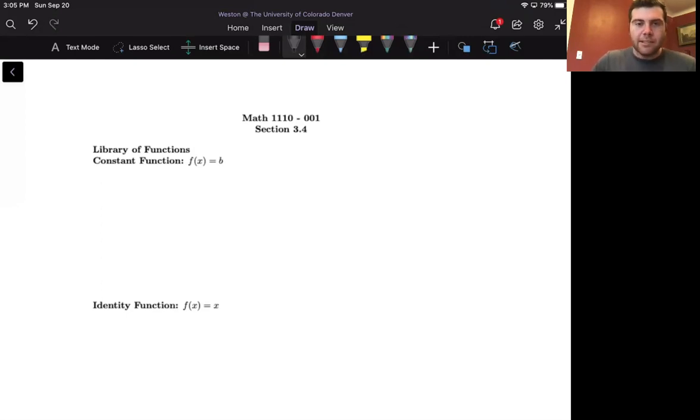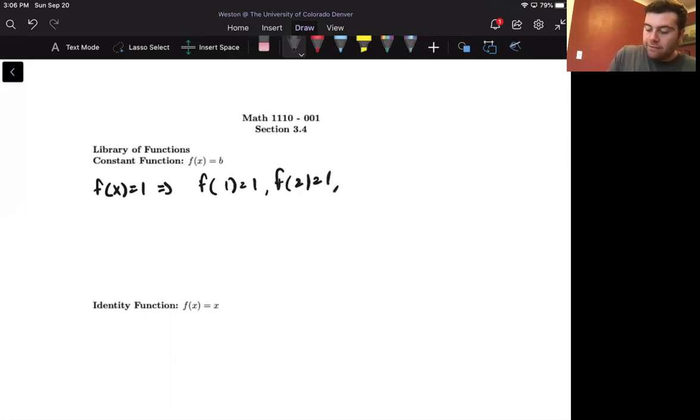We'll start with the simplest case. It's just the constant function f of x equals b. Means you plug in a number and you get the same output no matter what you plug in. So for instance, if we have f of x equals 1, that tells us that f of 1 equals 1, f of 2 equals 1, f of pi equals 1.